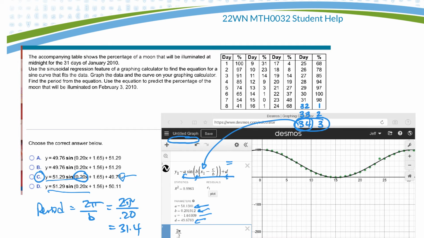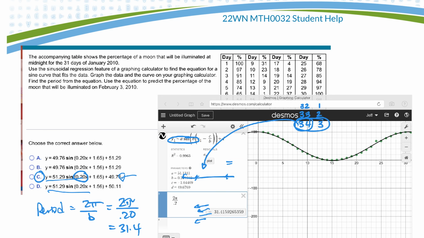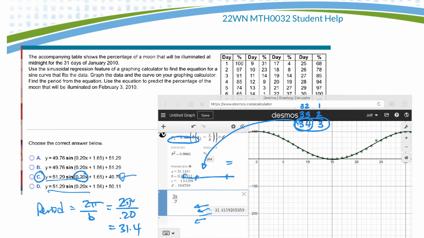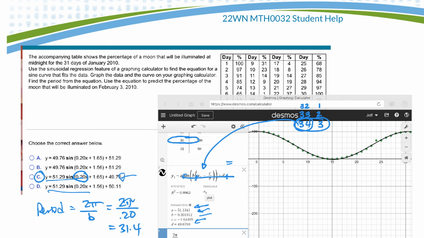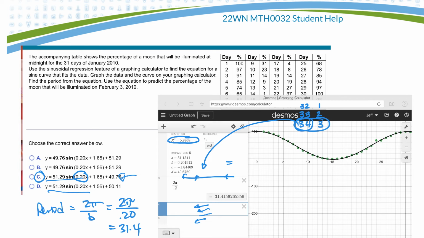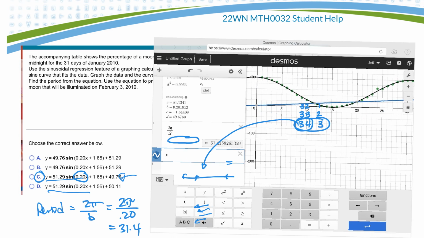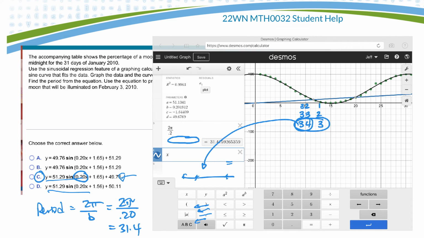Now I can do that, but Desmos also allows you to do something like this. Down here, what I could do is I could just type x is equal to 34. Just going to get rid of some of that stuff I drew on top of there.